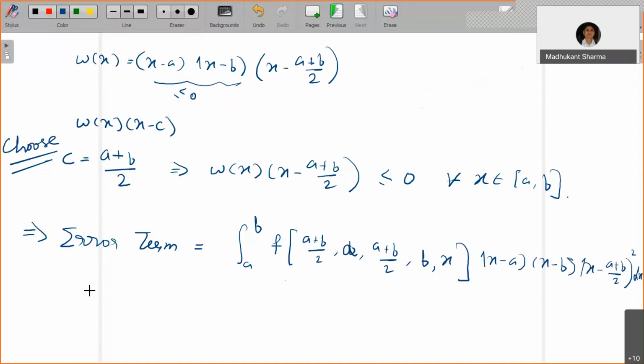Now use the mean value theorem, because this is continuous and does not change sign. Once you assume smoothness, that f is continuous and four times differentiable, this will be something like the fourth derivative at some z divided by 4 factorial. That is what it converges to.